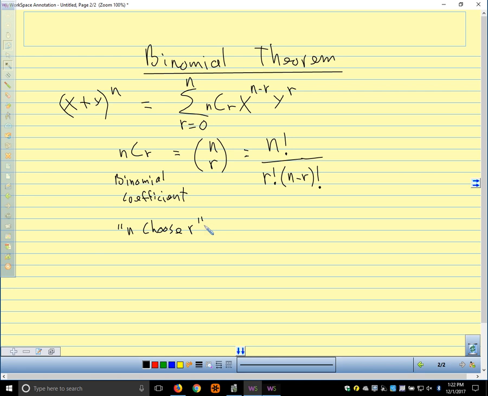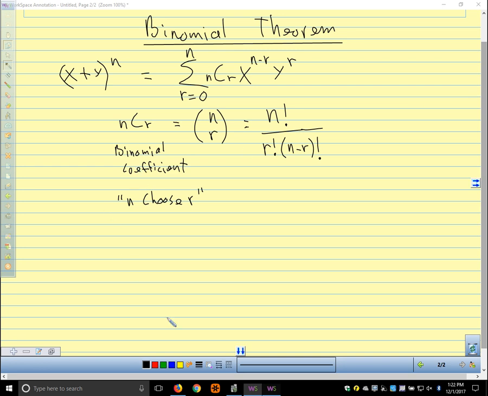So that nCr, n choose r. It's also a binomial coefficient, also the numbers in Pascal's triangle. So what I want to do quickly is show how to calculate these in your calculator. We simplify these by hand, so I want to show you how to use your calculator.